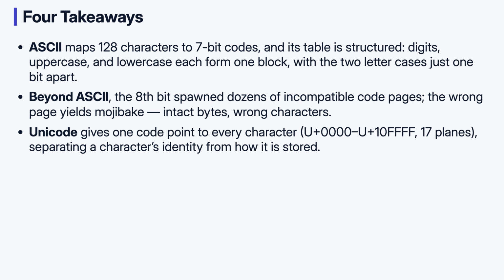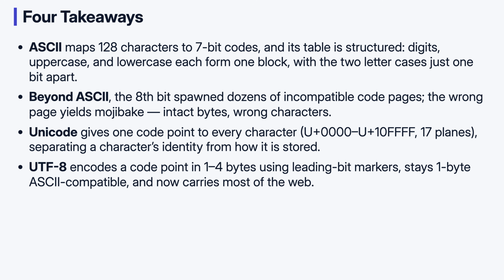Third, Unicode assigns one code point to every character across 17 planes, from U+0000 to U+10FFFF, and it separates a character's identity from how it is stored.